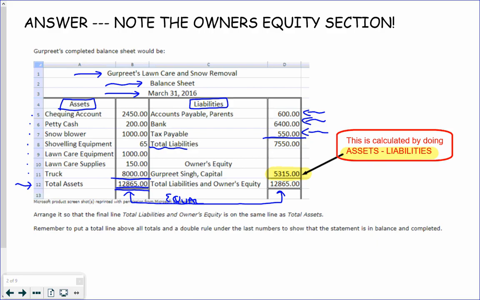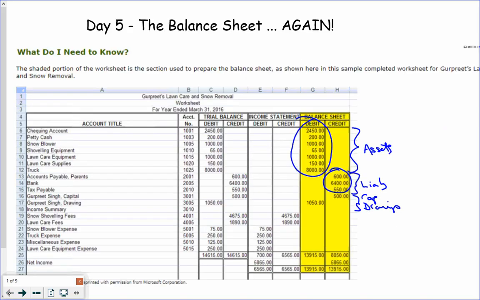So the reason why I bring that up, so capital 5315, that is not the same number that you see there. You don't see 5315. So this gets copied to the balance sheet. This gets copied to the balance sheet. Those do not get copied to the balance sheet.